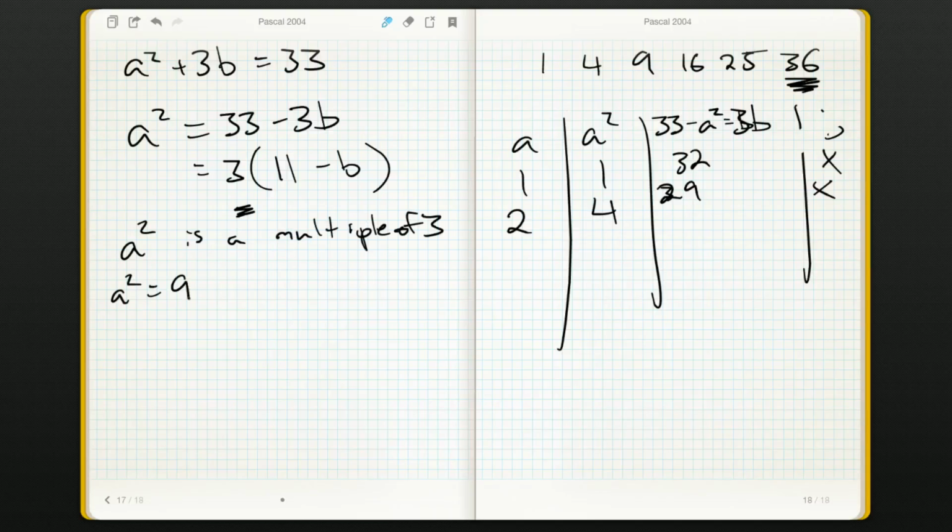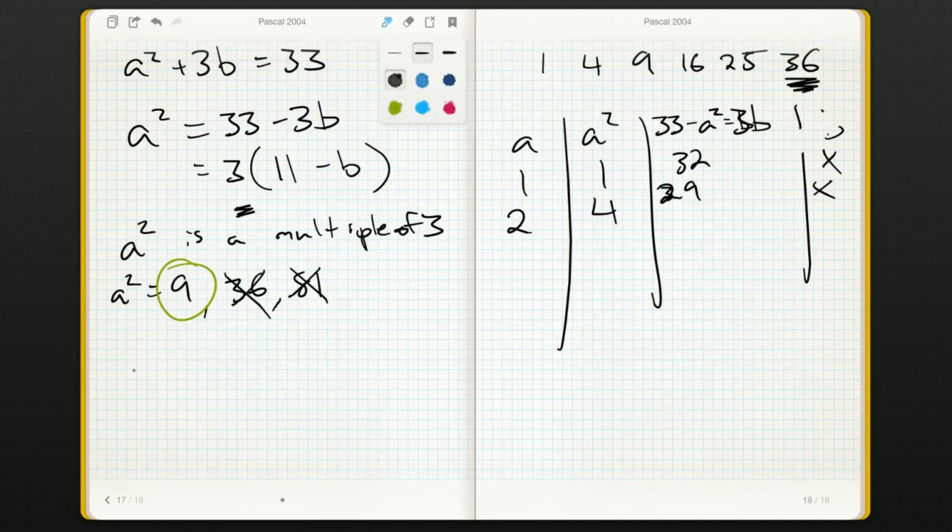So A squared, it could be 9, or it could be 36, or it could be, what's the next one, 81. But no, it doesn't work like that. These are too big. It can only be 9. So A has to be 3, and A squared has to be 9.